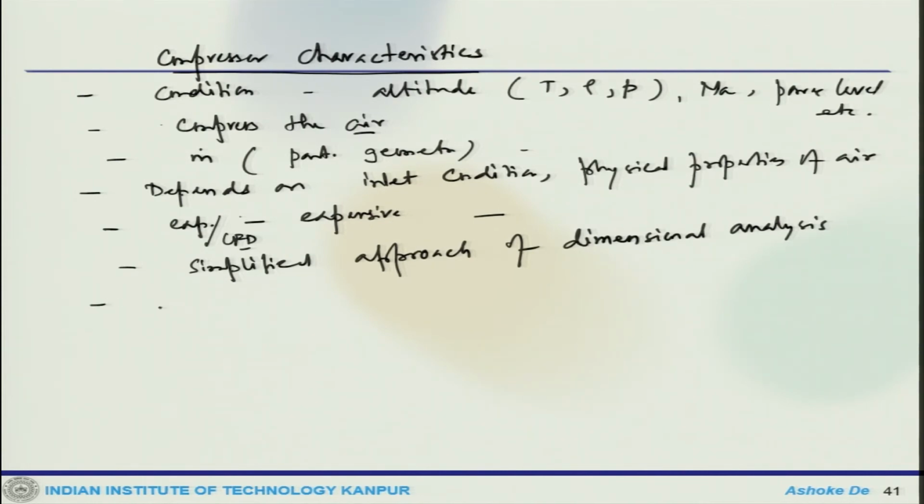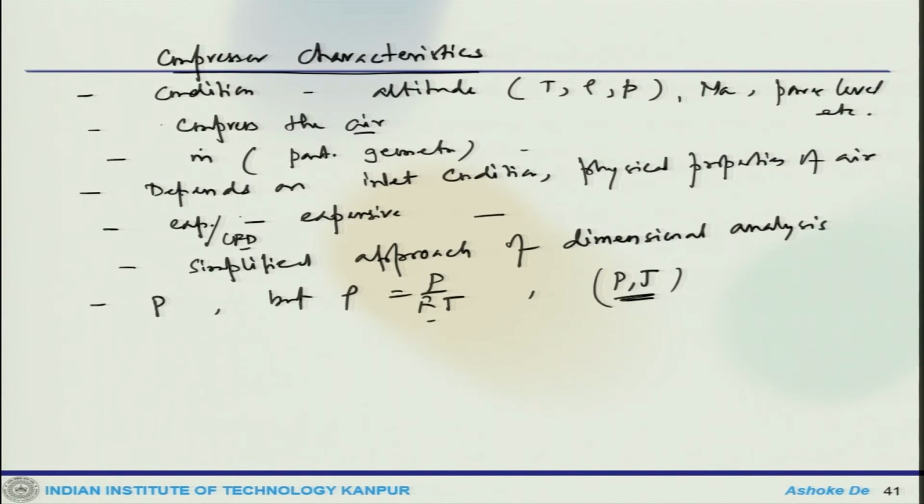P is an important variable, but density is connected with P. So, if we choose P and T as independent variables, then density can be specified.